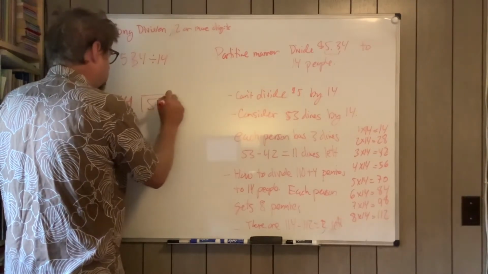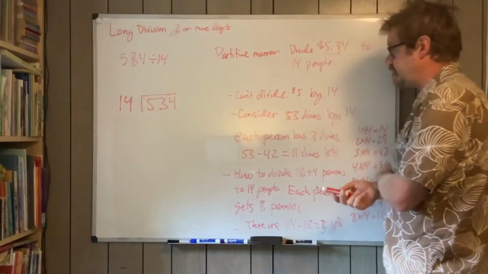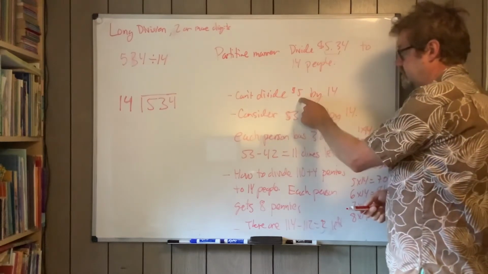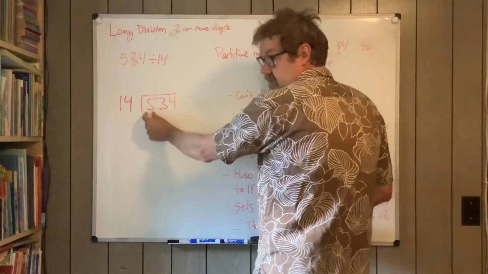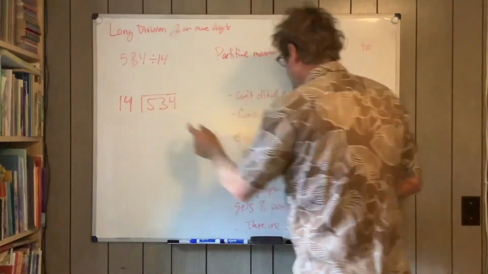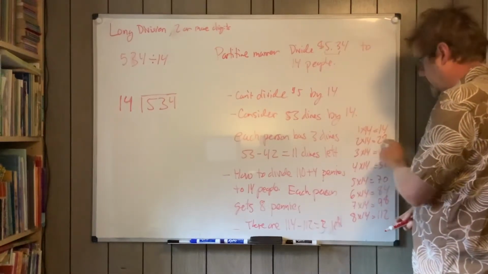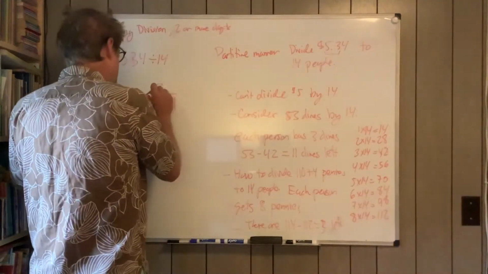Okay, but this translates directly to our long division. All right, I can't divide my $5 by 14, so the same thing with 14 into 5 there. So we do 14 into 53. And from this little table, we see that 3 is the answer.